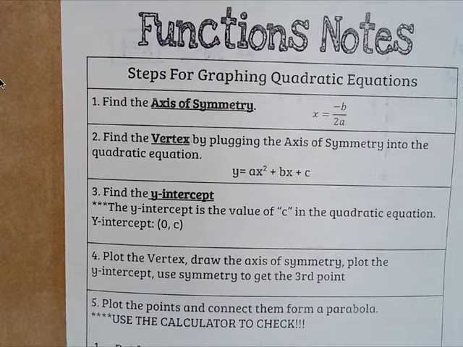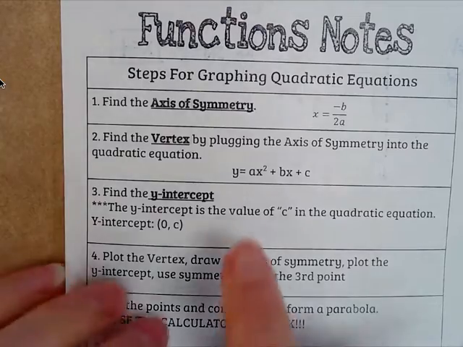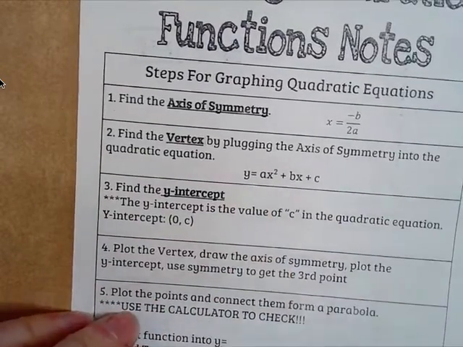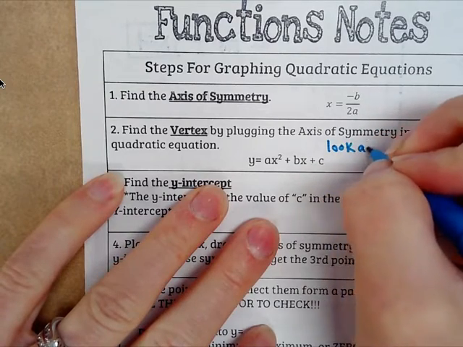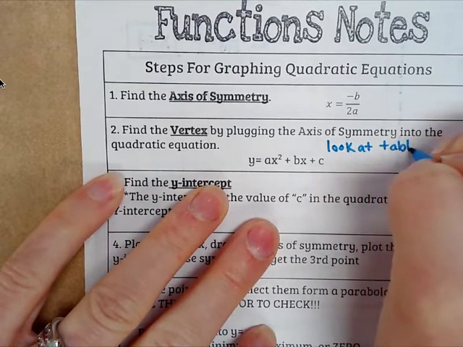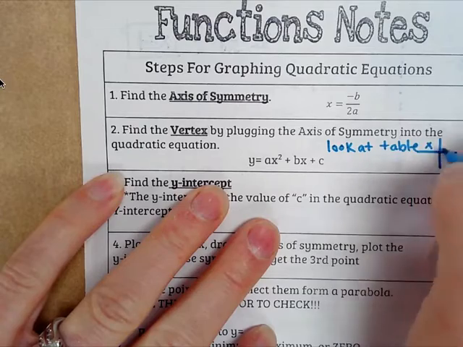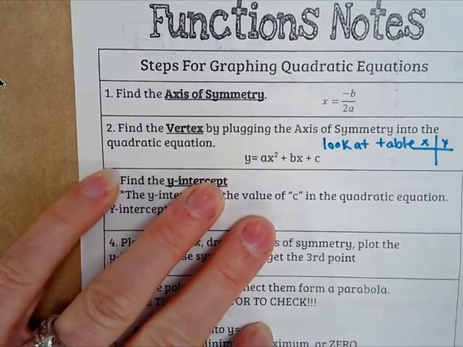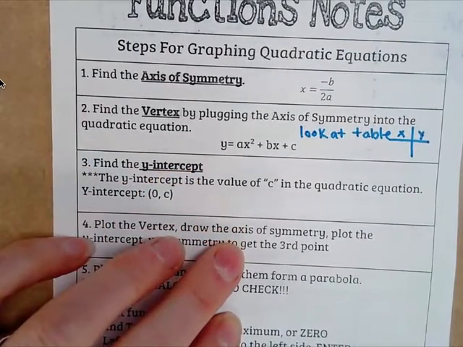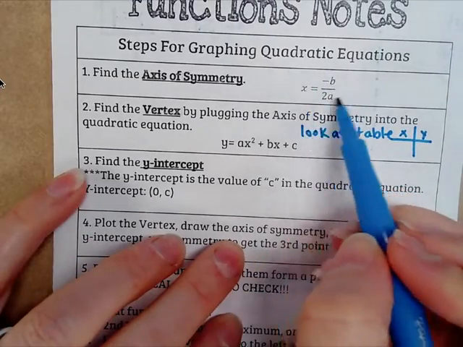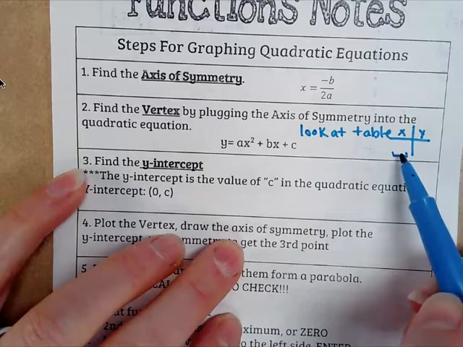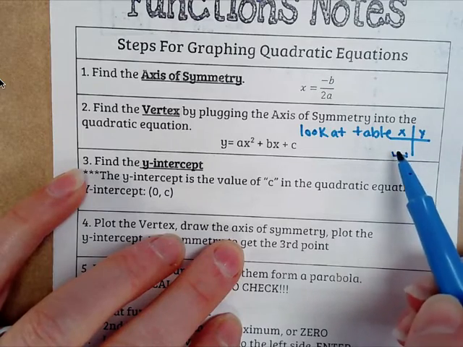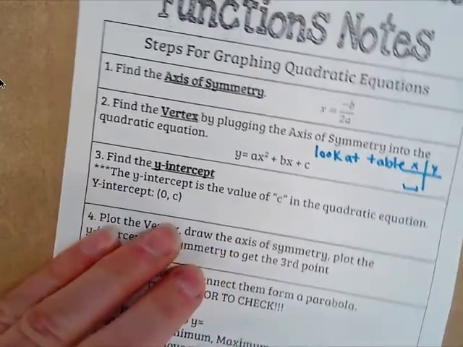Find the vertex by plugging in the axis of symmetry into the quadratic equation. Or you can look at the table on your calculator. And find out wherever x is, you're going to put in that value, and then find out what the y is that matches with it.